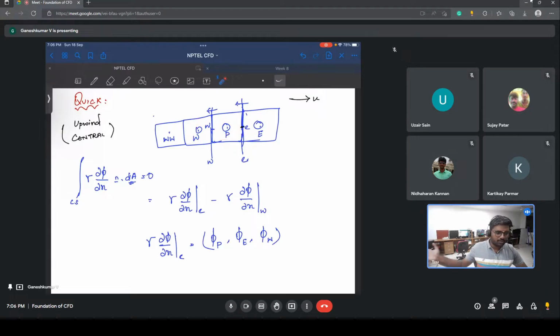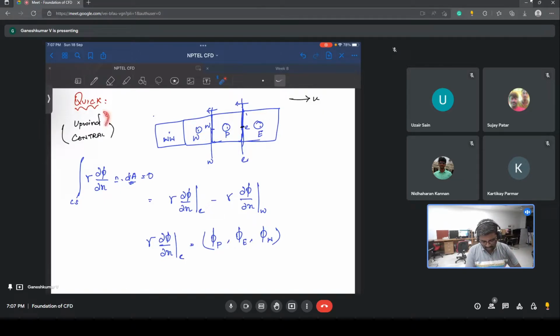If you take more and more in the upwind direction, it is called upwind approximation. If you take these two, it becomes upwind, and if it's central differencing, you will take P and E. In the QUICK scheme we take both upwind points and one central differencing point in the downwind direction.